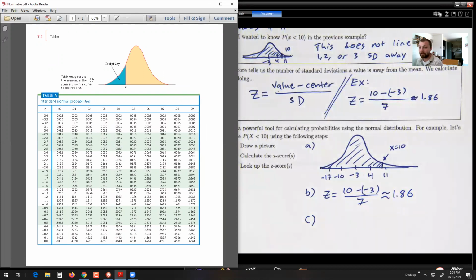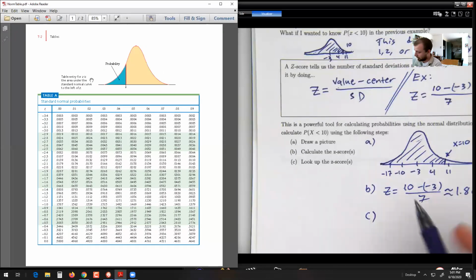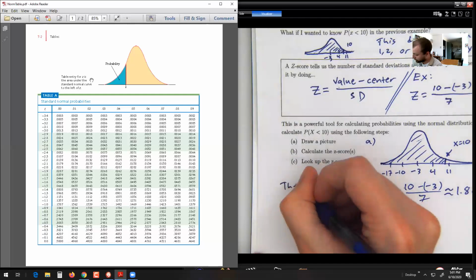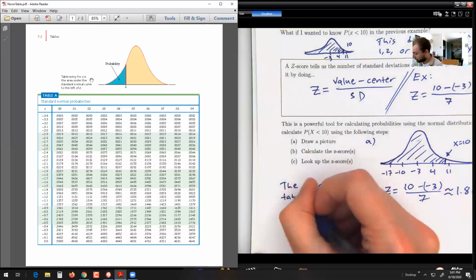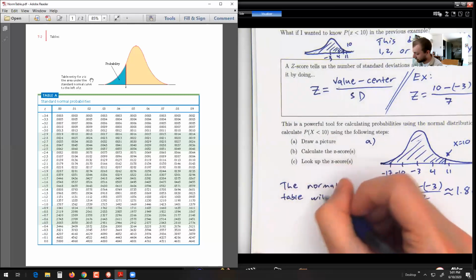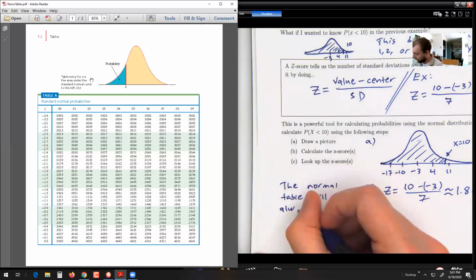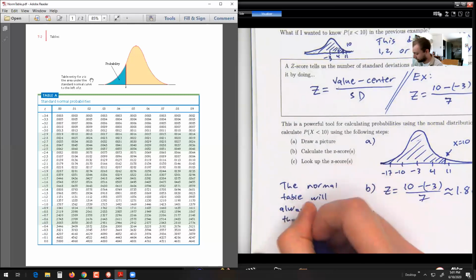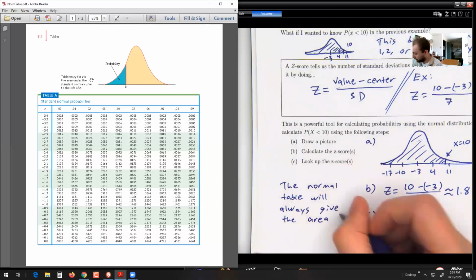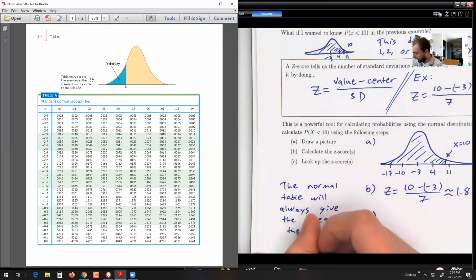So just as a general observation, the normal table will always give the area to the left.